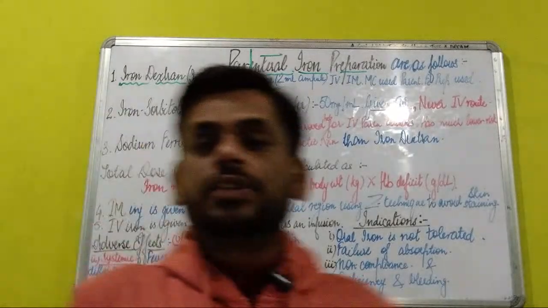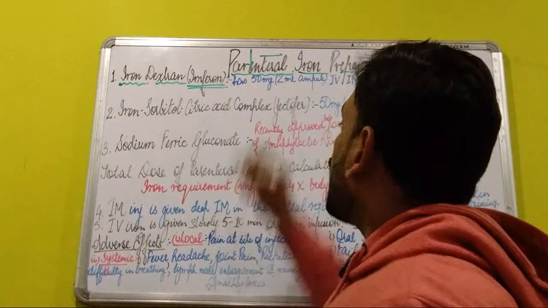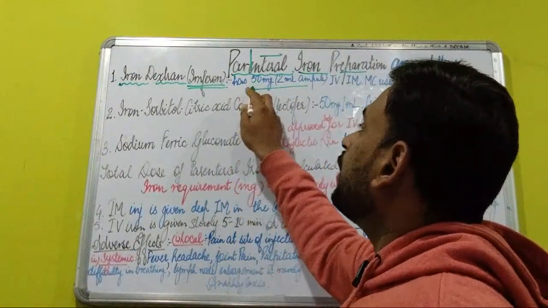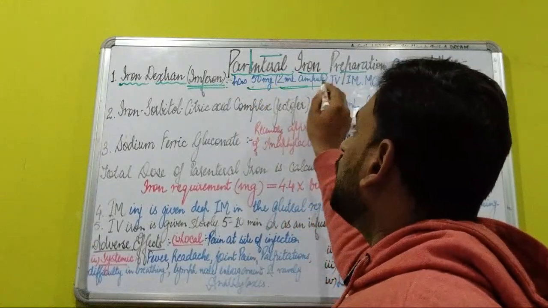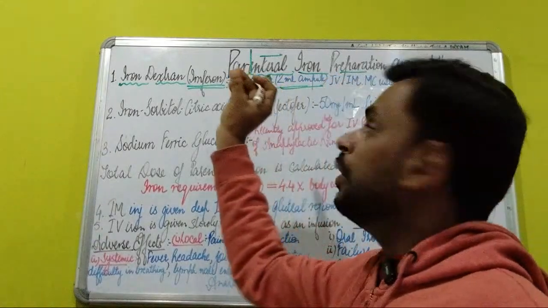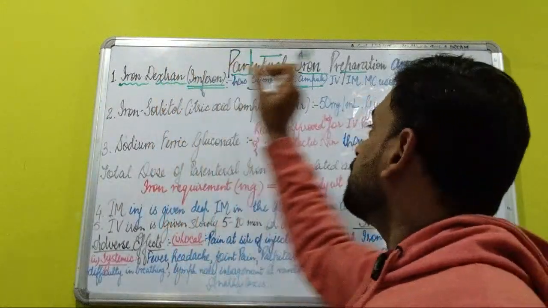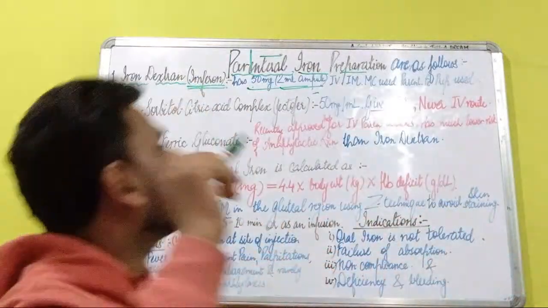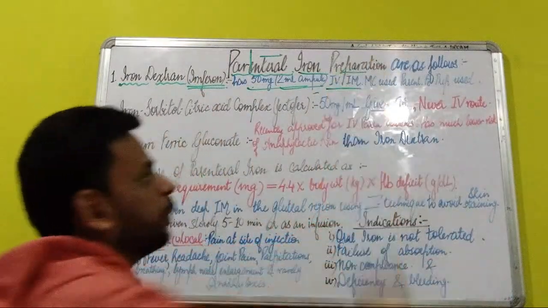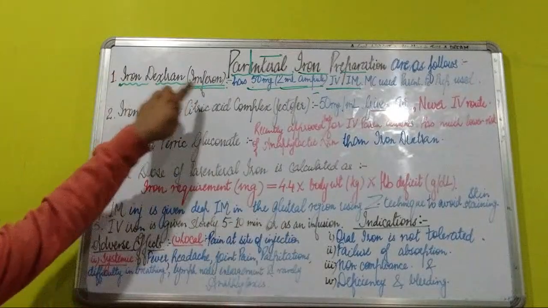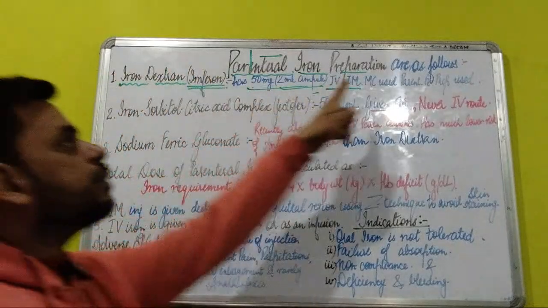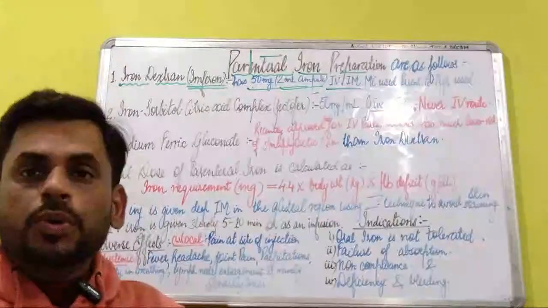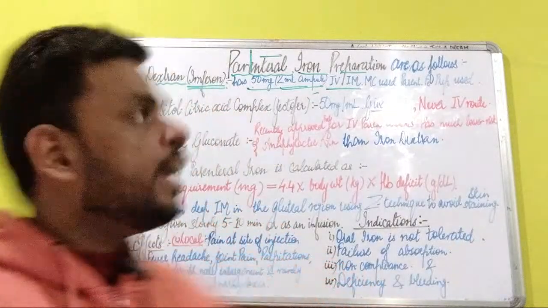This iron dextran is given in the form of an ampule containing 50 milligram of iron in 2 ml, which is given through the intravenous or the intramuscular route. So this Imferon, or iron dextran, is the most commonly used parenteral iron preparation.